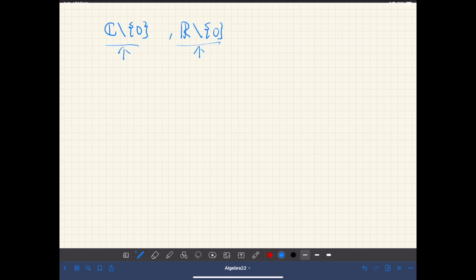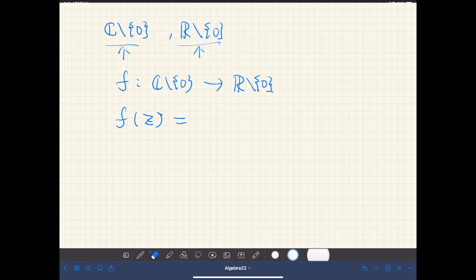Then let's define a mapping from non-zero complex numbers to non-zero real numbers by this. So every complex number is mapped to its modulus. Okay, then this is a homomorphism.